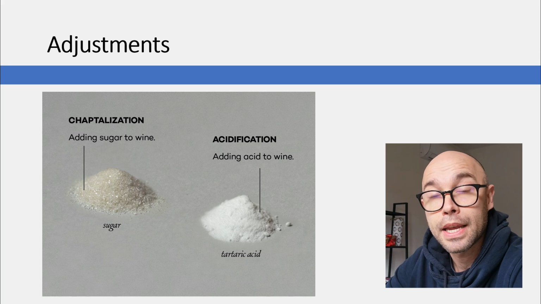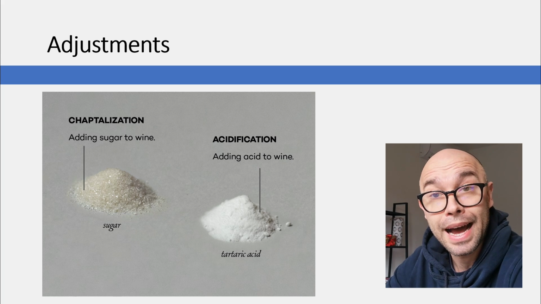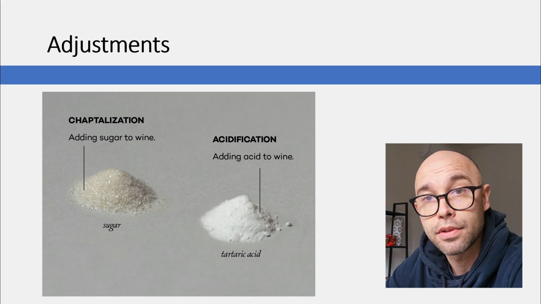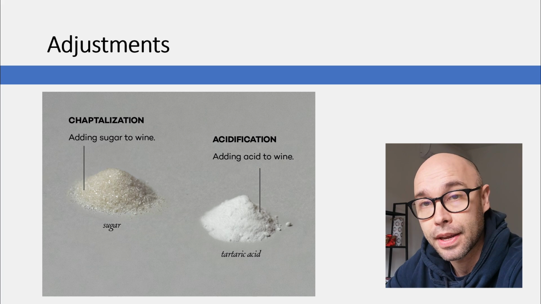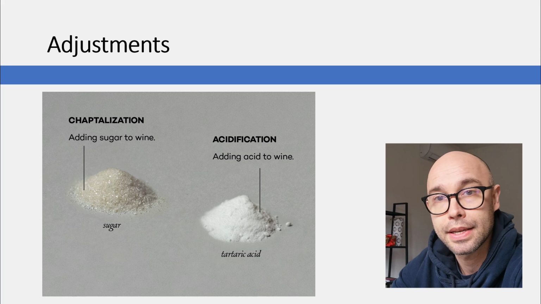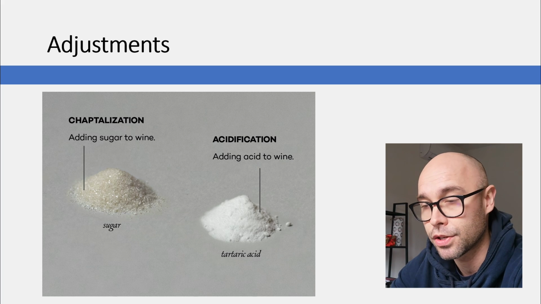Also, if grapes have high acidity, winemakers can reduce the level of acidity. It's called the deacidification process. Okay, so chaptalization and acidification or deacidification.